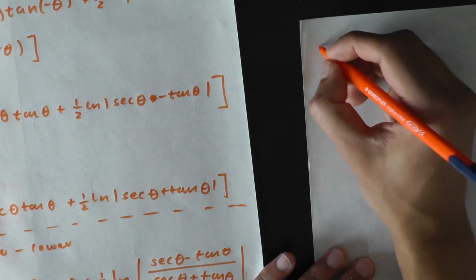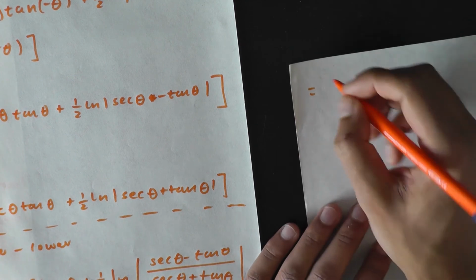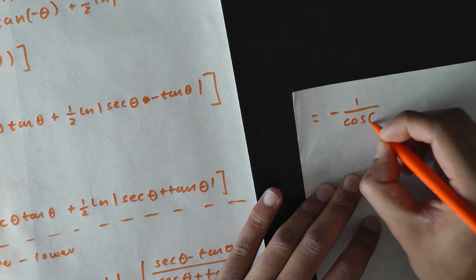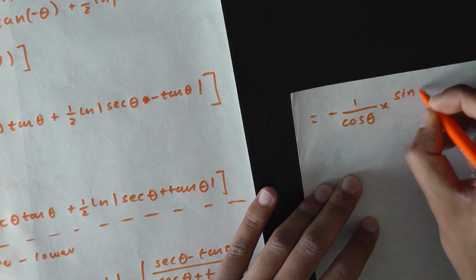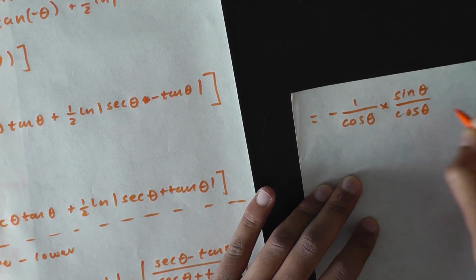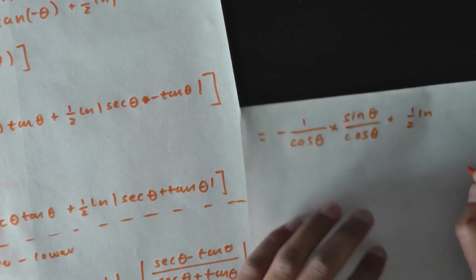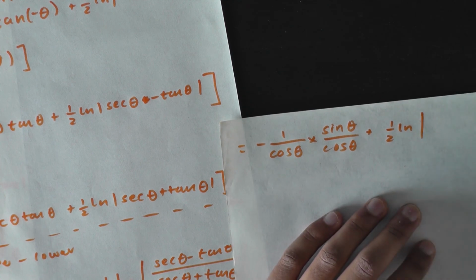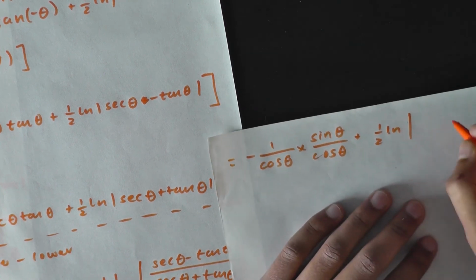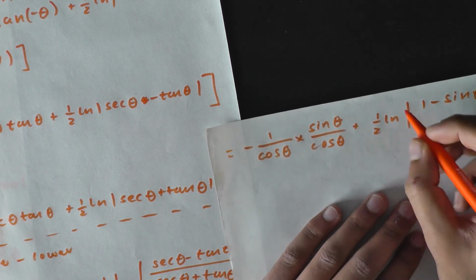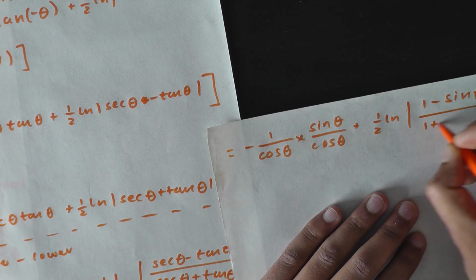Okay, now that will just equal minus 1 over cos theta times sine theta over cos theta plus half ln of 1 minus sine theta over 1 plus sine theta.